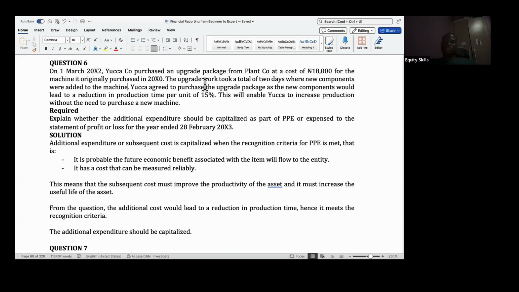UCA agreed to purchase the upgrade package as the new components will lead to a reduction in production time per unit of 15%. This will enable UCA to increase production without the need to purchase a new machine. Required: explain whether the additional expenditure should be capitalized as part of PPE or expensed to the statement of profit or loss for the year ended 28 February 2003.